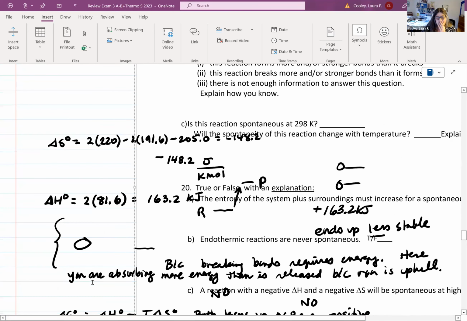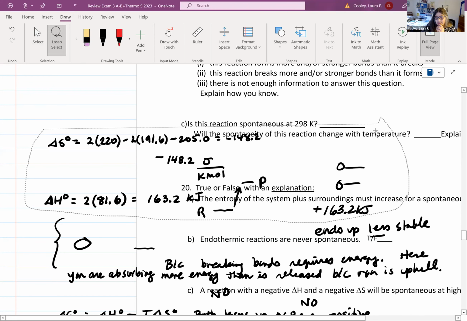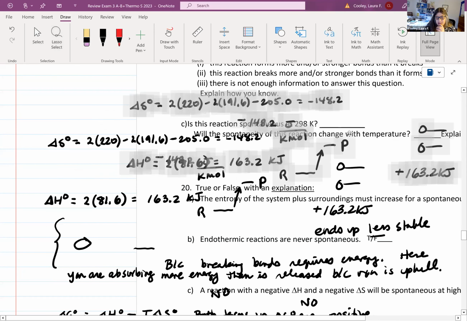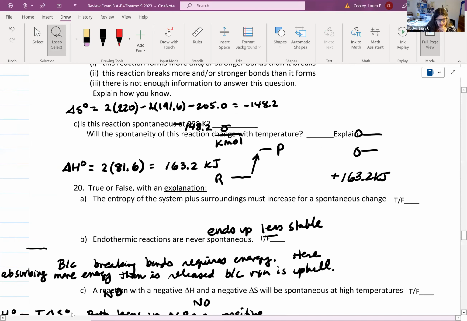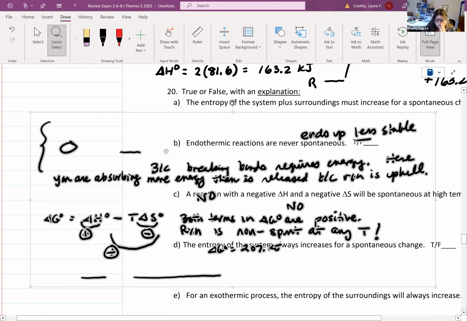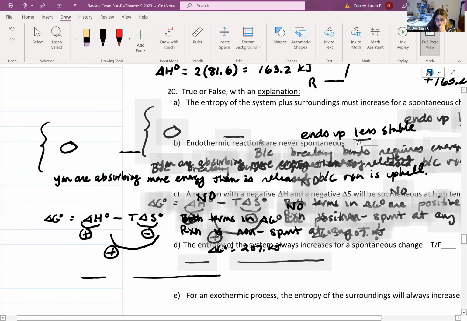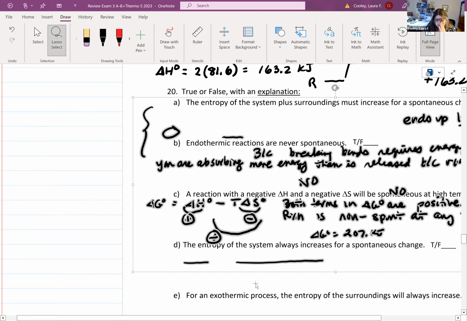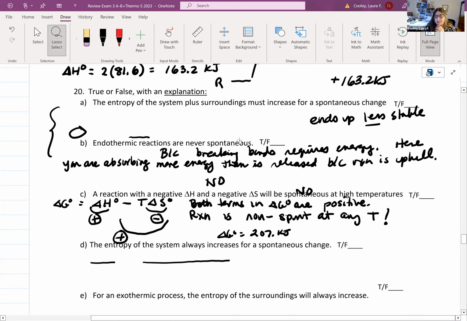See if I can fix it. I think I'm messing this up worse. Oh, well, I'll try to fix that later.